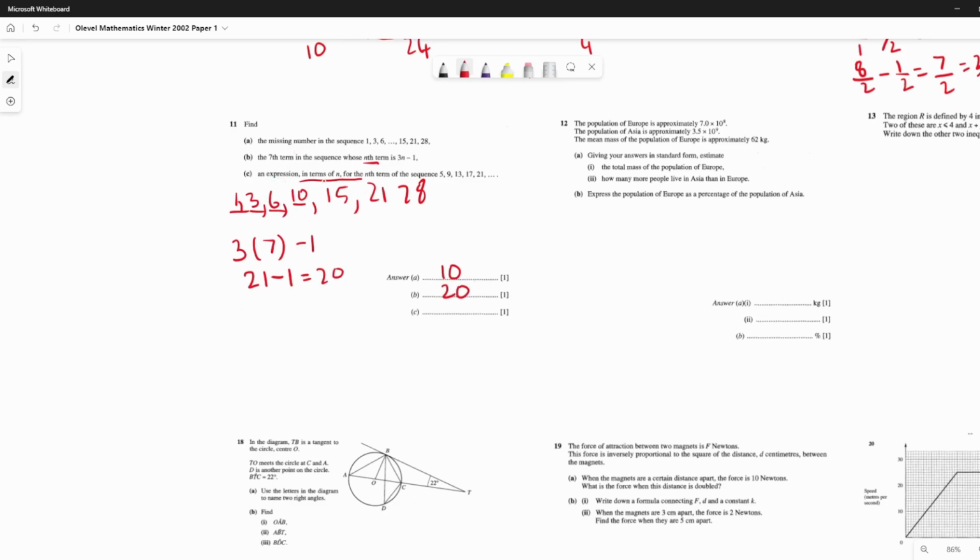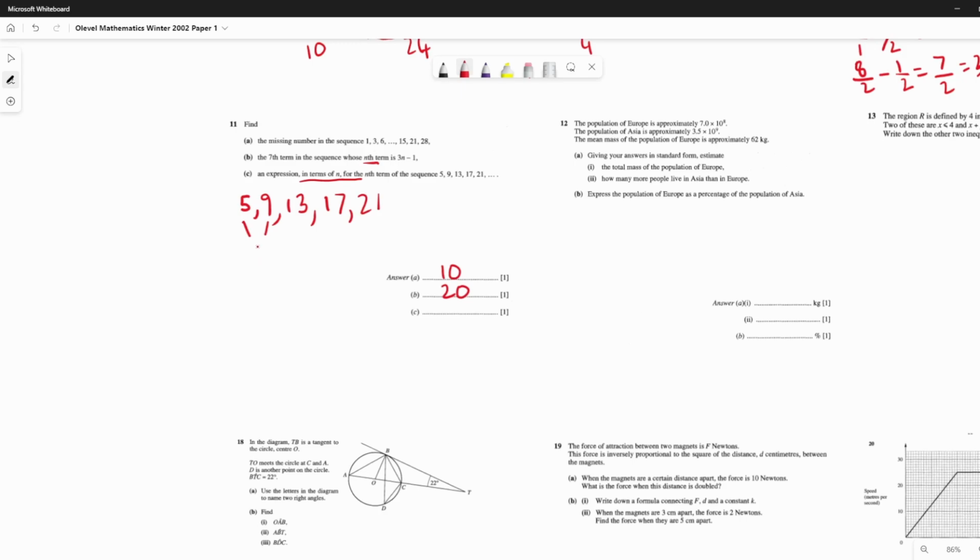Now this is actually a question that makes us make a formula. So an expression in terms of n for the nth term in the sequence. So what we can do again is figure out the relationship between these. The sequence is 5, 9, 13, 17, and 21.